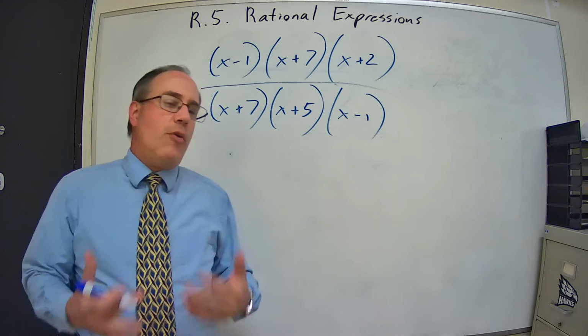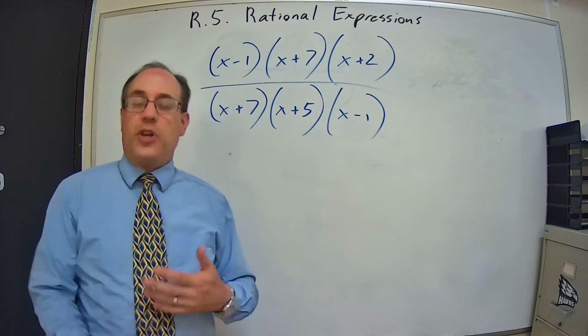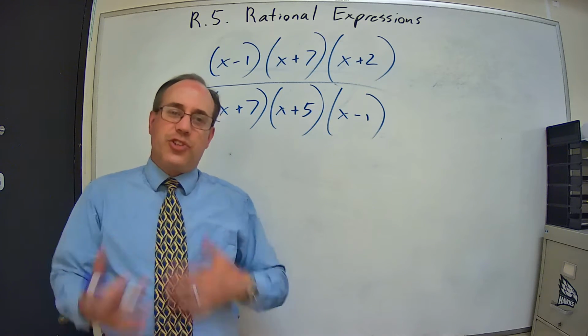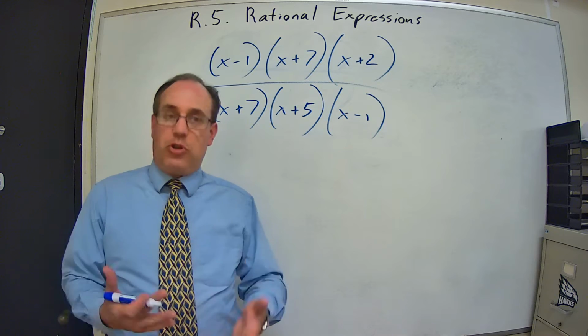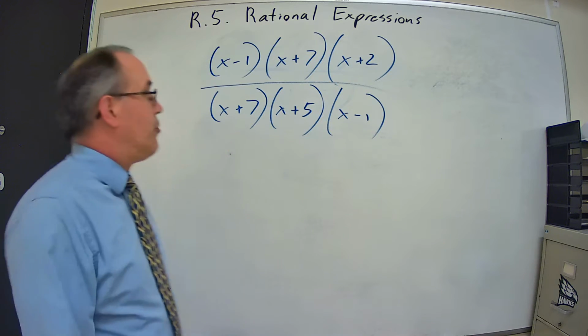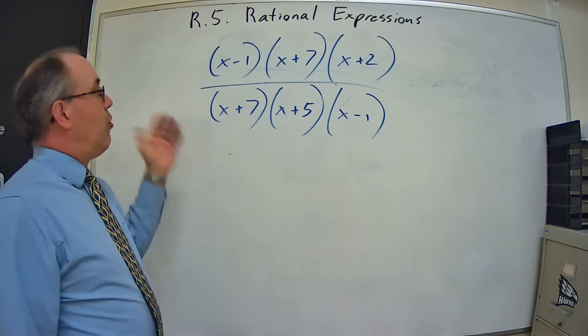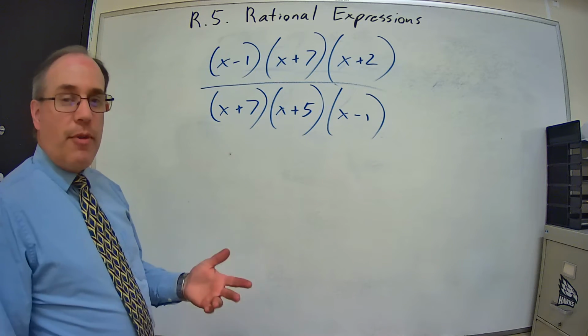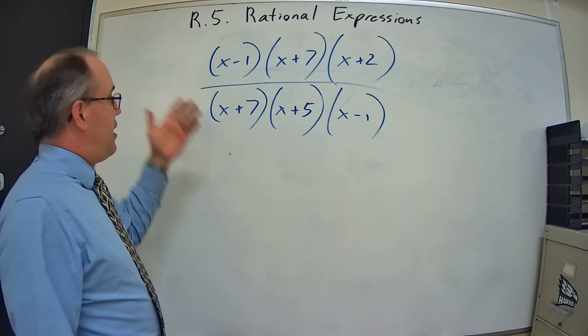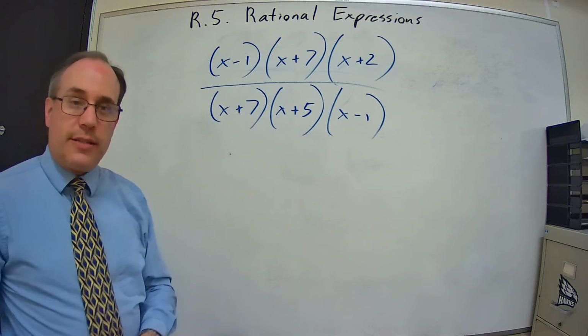But we should already know how to factor polynomials. We covered that previously, so if you need to refresh that, go and do that. But basically all we're looking for here is, if we have any common factors in the numerator and in the denominator, let's get rid of them.